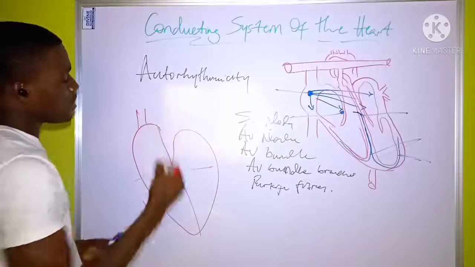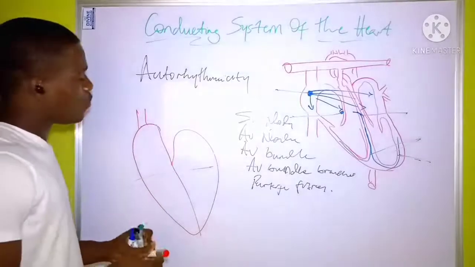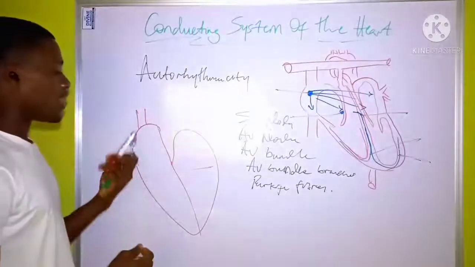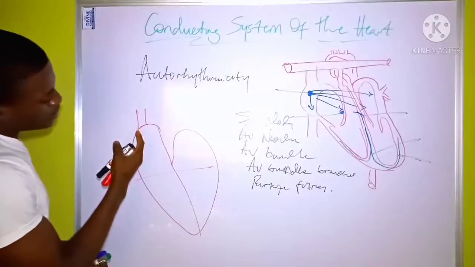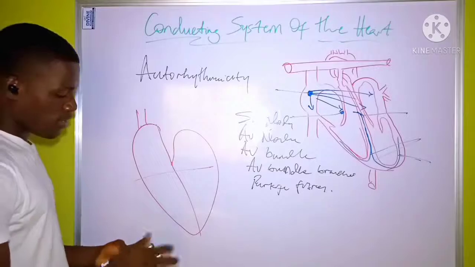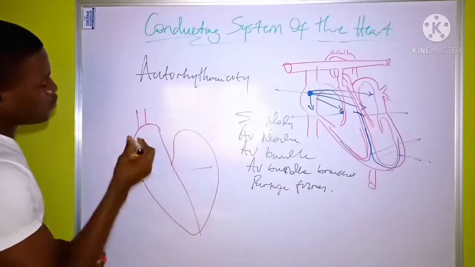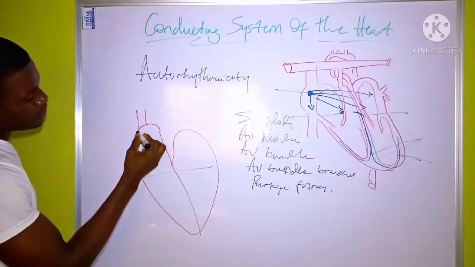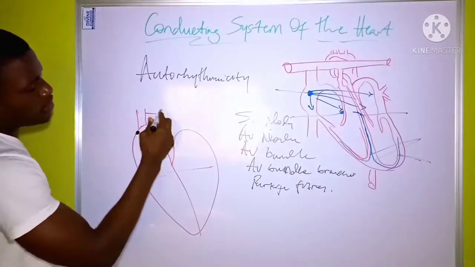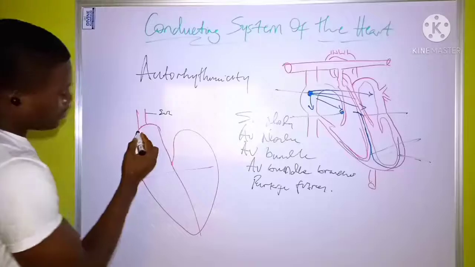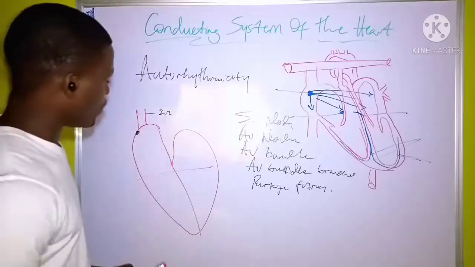The SA node is located on the superior lateral wall of the right atrium, immediately underneath the superior vena cava. So we can place our SA node on this part here, immediately after the superior vena cava. This is the superior vena cava, that says VC, and this is where the SA node is located within the atrium.